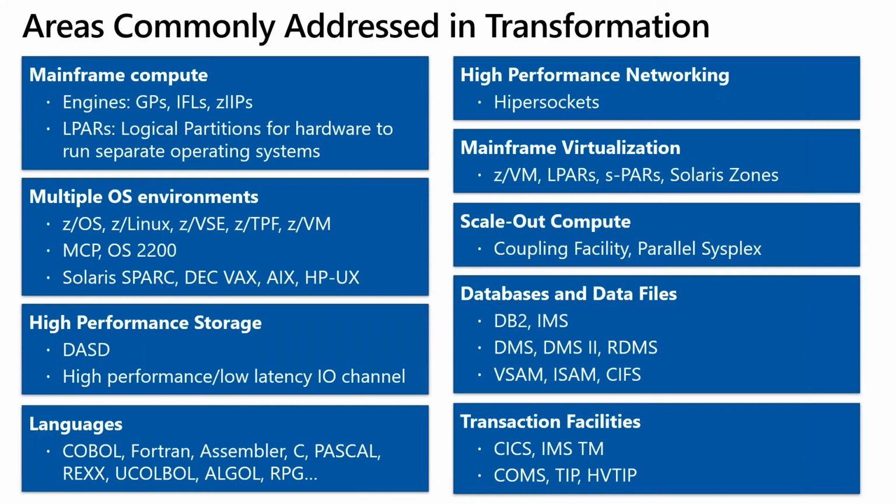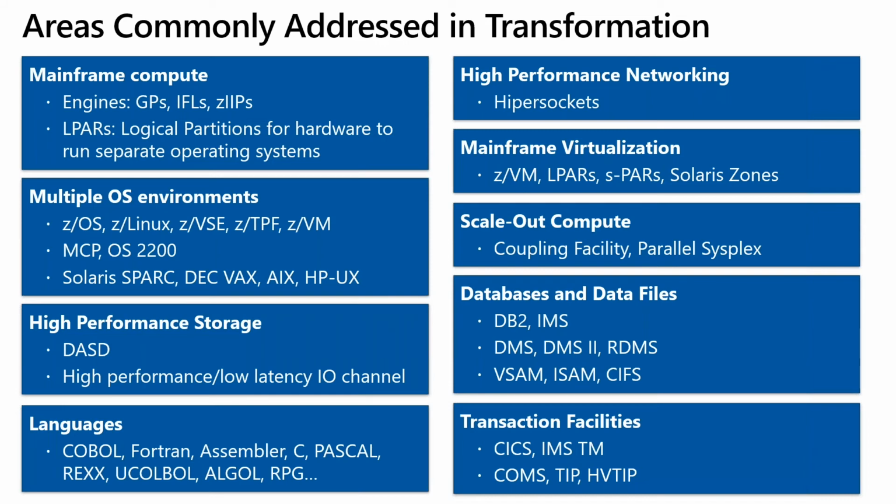We need support for the languages you have on the mainframe. All the languages that I have listed there can be either supported or converted as moving into Azure. And one thing mainframes do really well is high performance backbone for low latency within their systems. We can also achieve something similar within Azure.